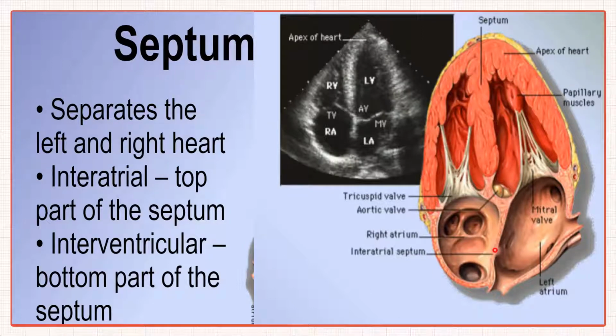And then you can see a thin septum here between the atria as well, and it separates the left and the right heart. This one, present between the atria, is known as the interatrial septum, right? This is the top part. And this one between the 2 ventricles is what we call the interventricular septum, right?